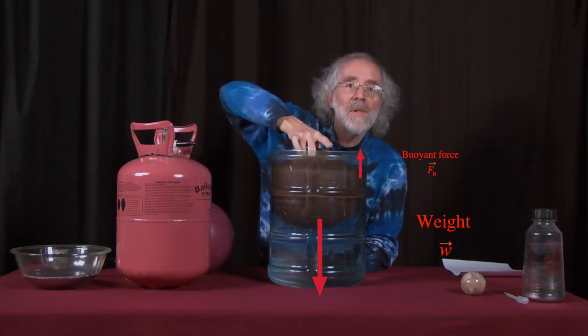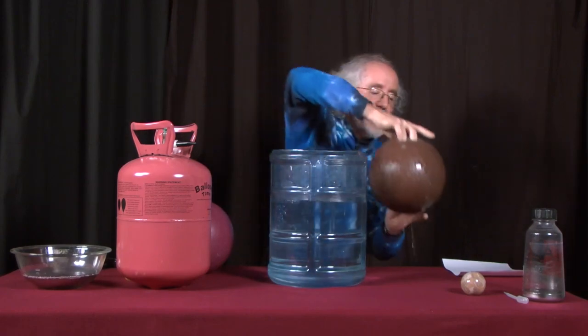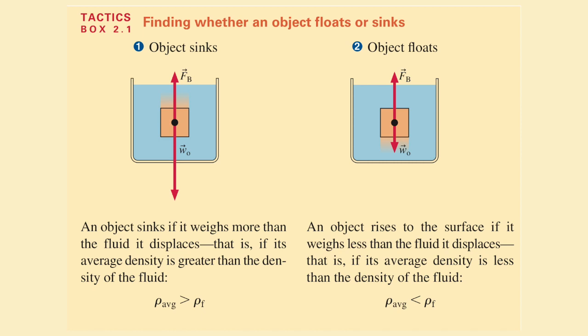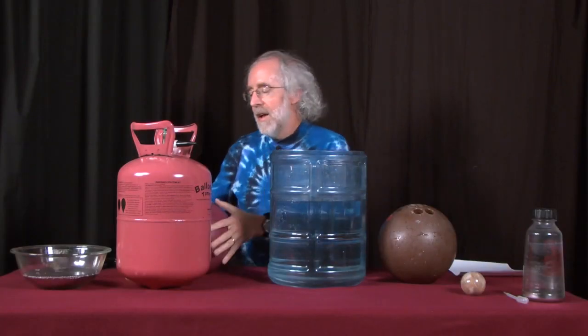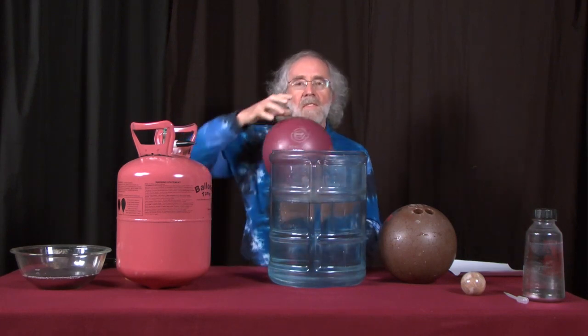Now this bowling ball will actually sink. But if the density was lower than the density of water, the buoyant force, when it was completely submerged, would be bigger than the weight force. And why this is, we derive in chapter 13. But you know this. If I have something which is less dense than water, it'll float.